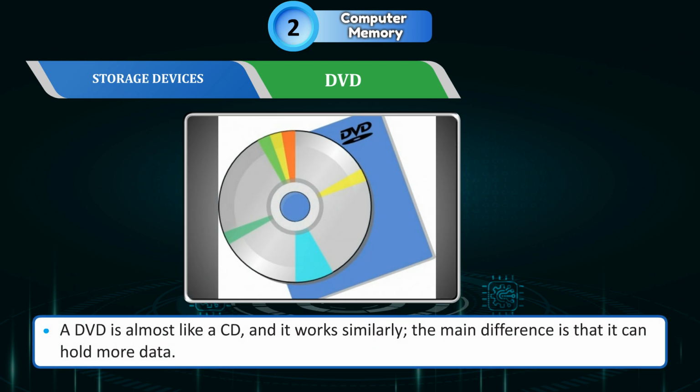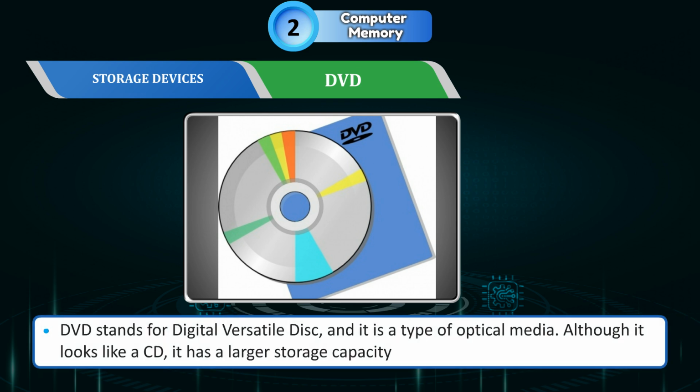DVD. A DVD is almost like a CD, and it works similarly. The main difference is that it can hold more data. DVD stands for Digital Versatile Disc, and it is a type of optical media. Although it looks like a CD, it has a larger storage capacity.